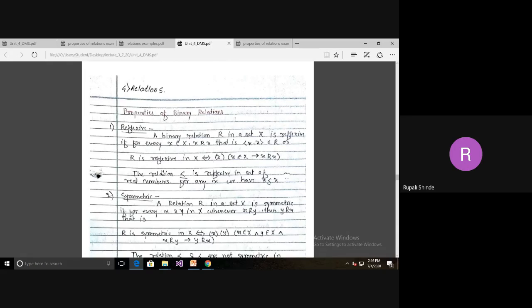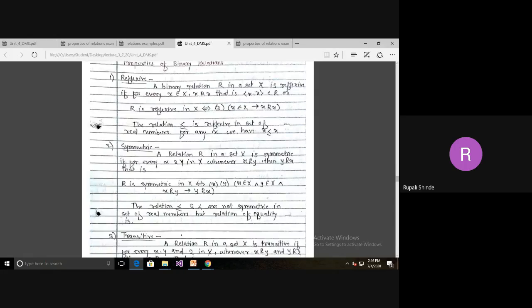Now the second property was symmetric. So symmetric means what? If there is any ordered pair (x, y), then (y, x) must be there in relation R. Then only we can say that relation is symmetric.